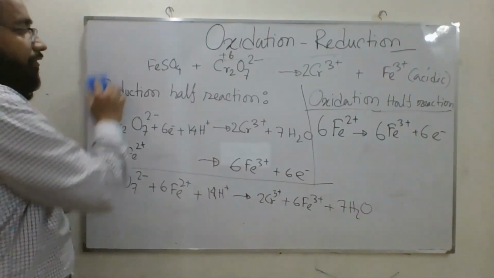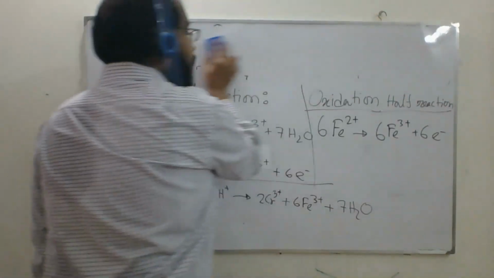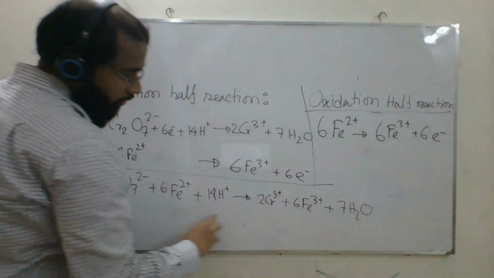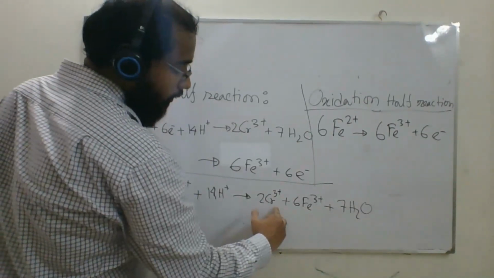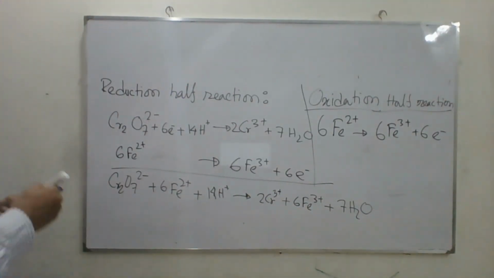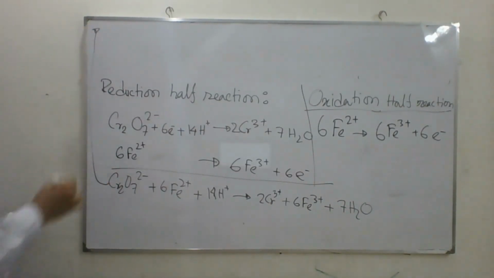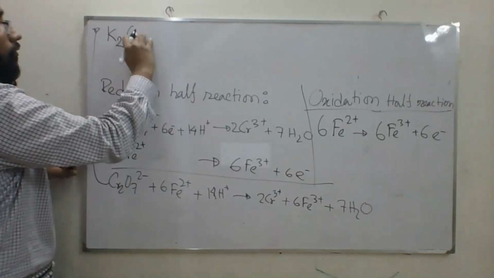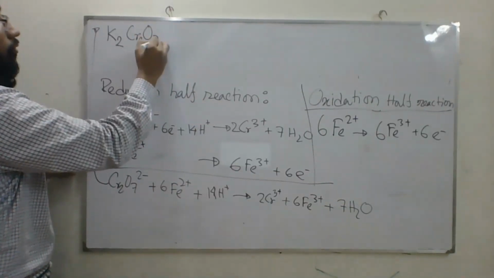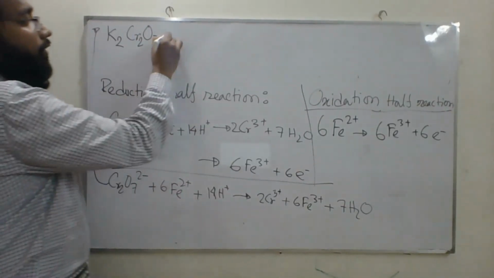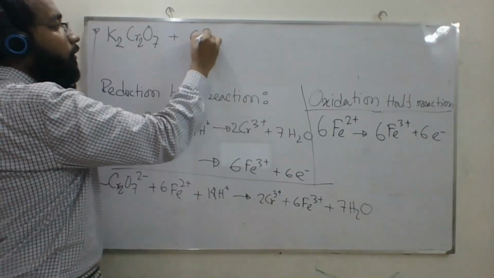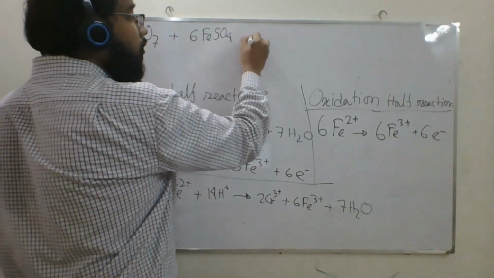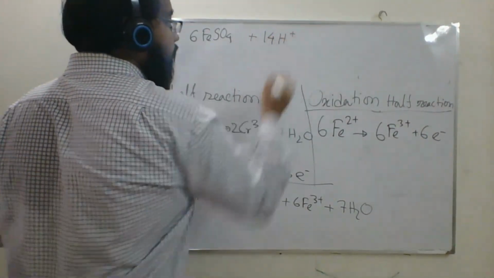Now as it is a sulfate, if we look at our equation, dichromate plus iron plus hydrogen ion gives chromium. If we make it like that, dichromate we can convert to potassium dichromate, 6 FeSO4, then 14 H plus.